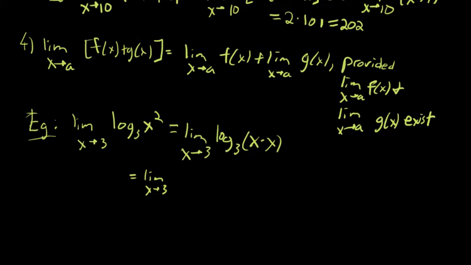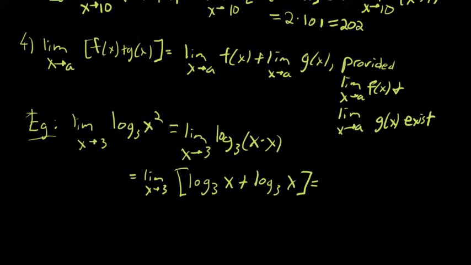So the log base 3 of, say, m times n is equivalent to the log base 3 of m plus the log base 3 of n. And we can make use of that here. We can just re-express this log base 3 of x times x as the log base 3 of x plus log base 3 of x.